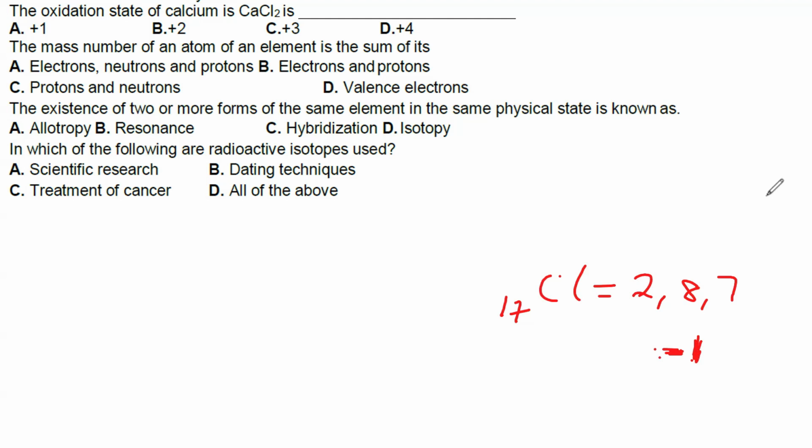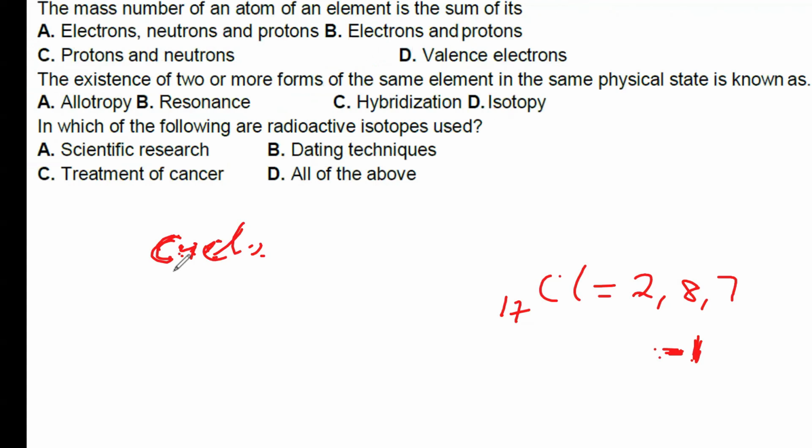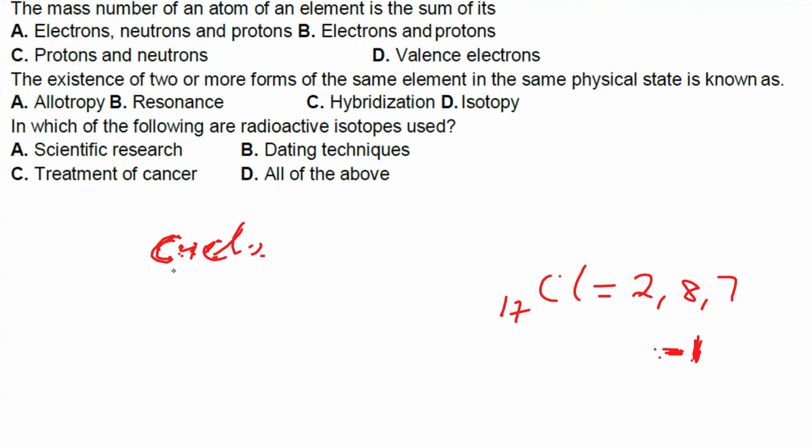So how are we going to get the oxidation number of calcium? You see that the compound we have here is calcium chloride. We don't know the oxidation number of calcium, so we can leave it as X. And of course, we know the oxidation number of chlorine here is -1.